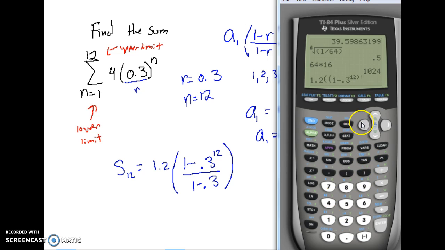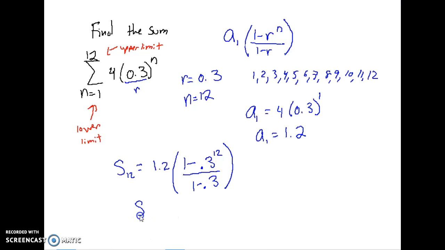Oops, delete. Let's get out of the exponent. So here's my numerator divided by denominator: 1 minus 0.3, close, and I need to close one more time. Press enter, and we get about 1.714284803. Again, let's just round to 1 or 2 decimal places, so 1.714 is perfectly fine. So the sum of 12 terms is 1.714.